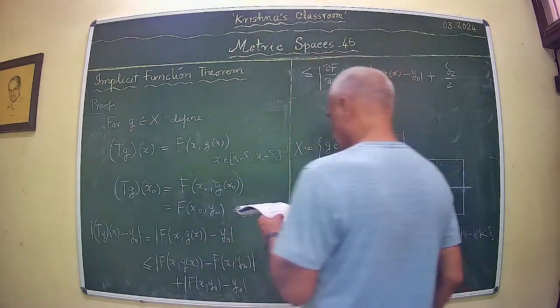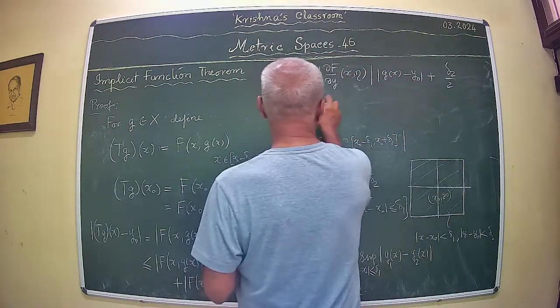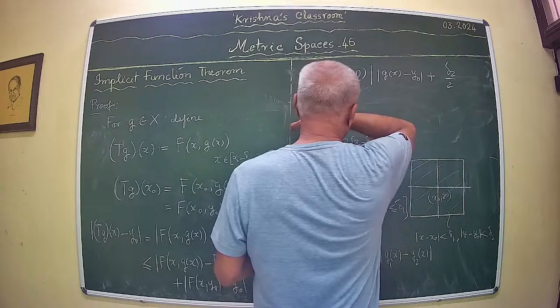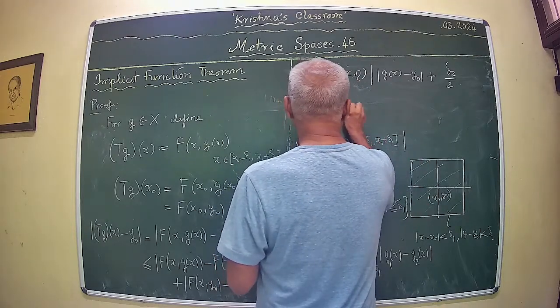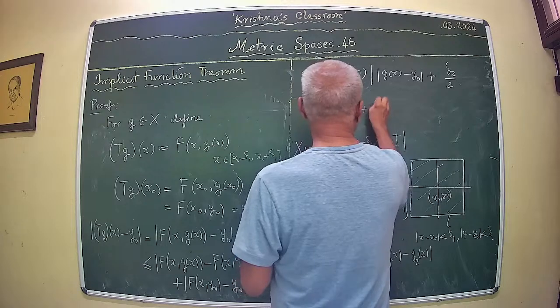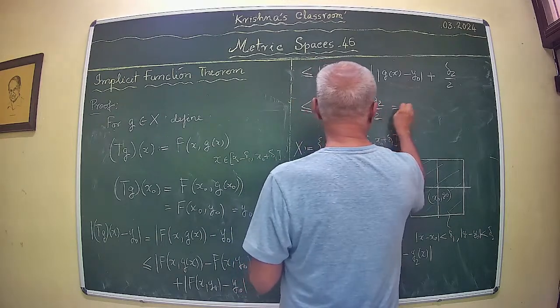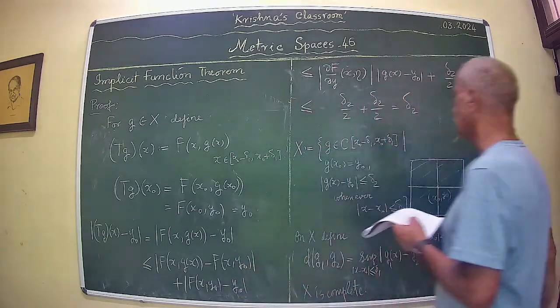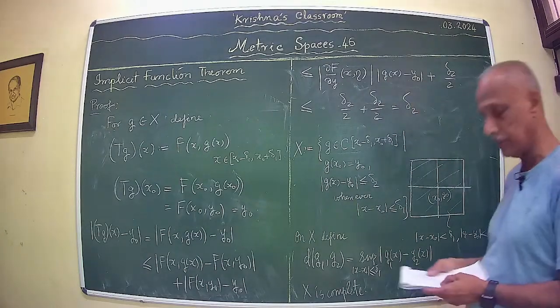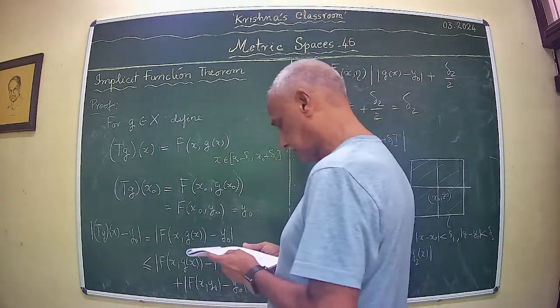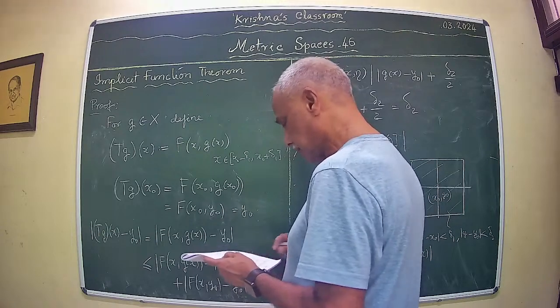Okay. Now therefore this is again bounded by delta 2 by 2, so you can show that this is less than delta 2 by 2. Okay.